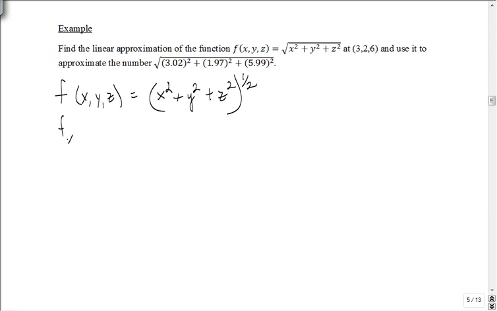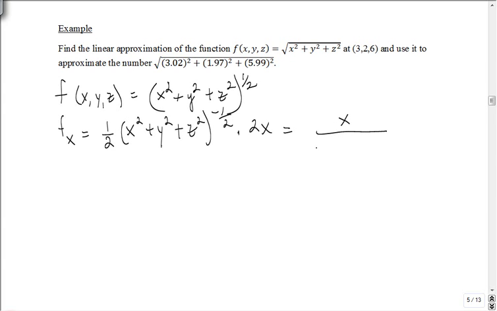So partial of f with respect to x, that's a chain rule again. So half times x squared plus y squared plus z squared to the negative half times 2x. This works out to be just x over the square root of x squared plus y squared plus z squared. Okay?